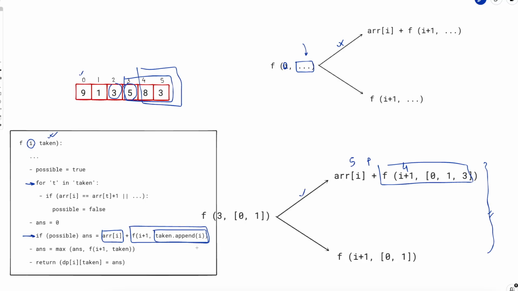Now here I'm not doing a dry run because I assume you understand how to analyze the time complexity of this recursion solution. You need to do memoization for sure to make sure that you don't calculate the same state again and again.